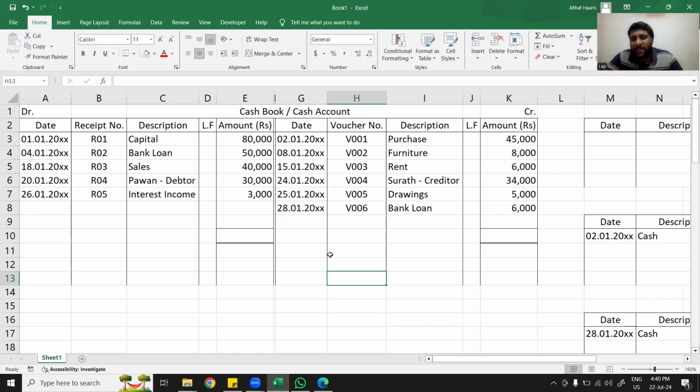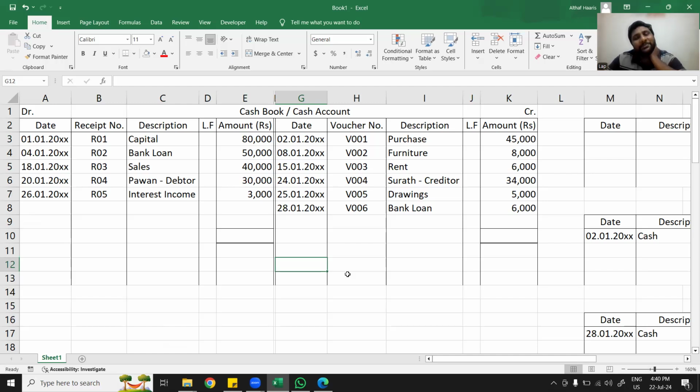Debit side: 80, 50, 130, 130, 200, 200 and 3,000. Am I correct? Debit side 203.